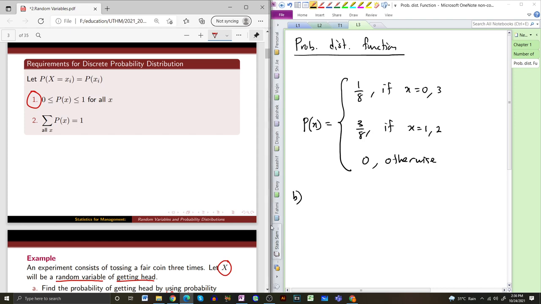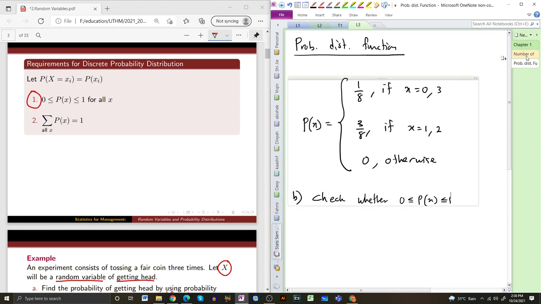So let us check whether the probability is between 0 and 1. Let us go back to the table.